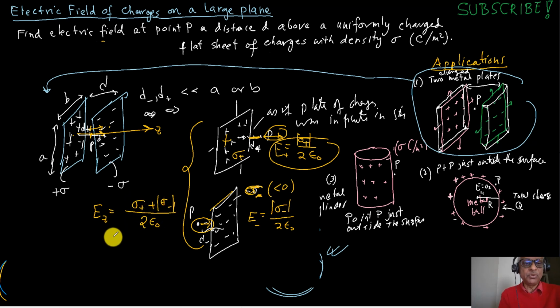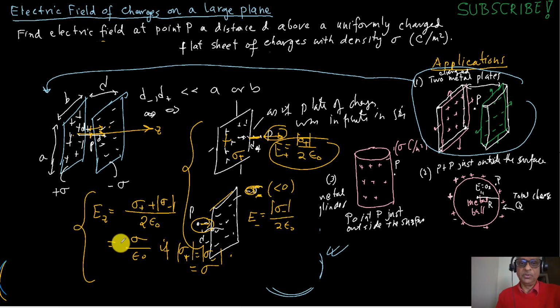And if sigma plus equals sigma minus equals sigma, this is a very famous result. You can see the other formula had sigma over 2 epsilon naught, and because of the superposition from the two plates, this formula has sigma over epsilon naught.